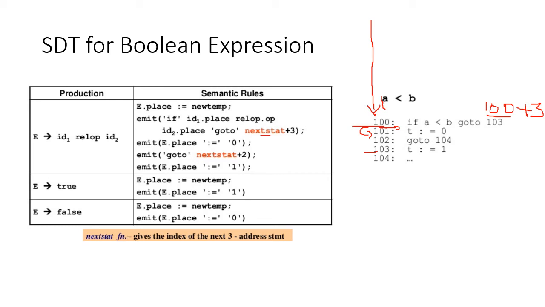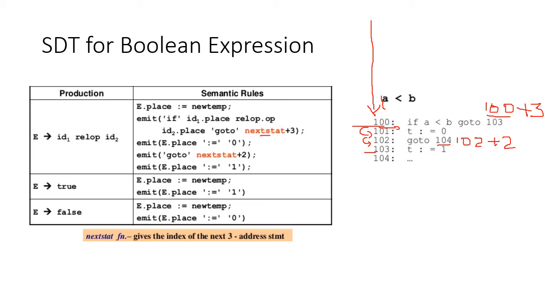Emit e.place equal to 0. E.place is t here. T equal to 0. Emit increments the index. Now 102: emit go to next state plus 2. That means from next state, 104. 104 is equal to 102 plus 2. From where do we get this 102? 102 is the address here. 102 plus 2.